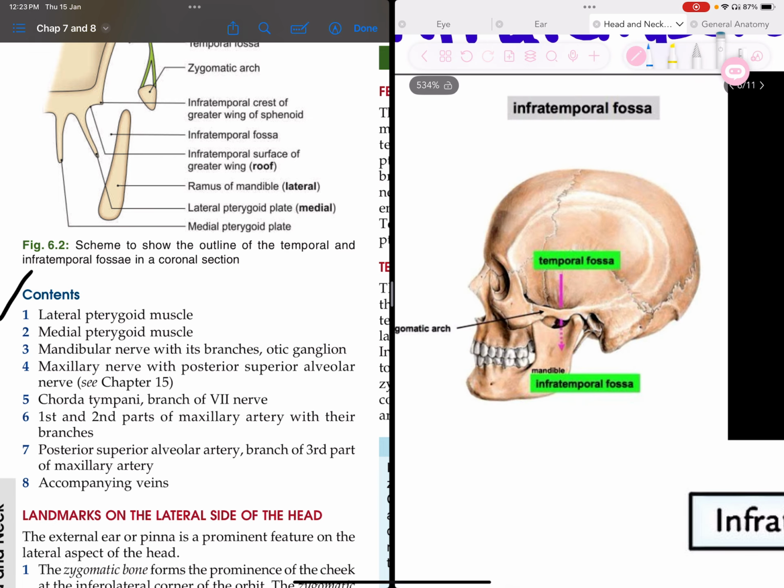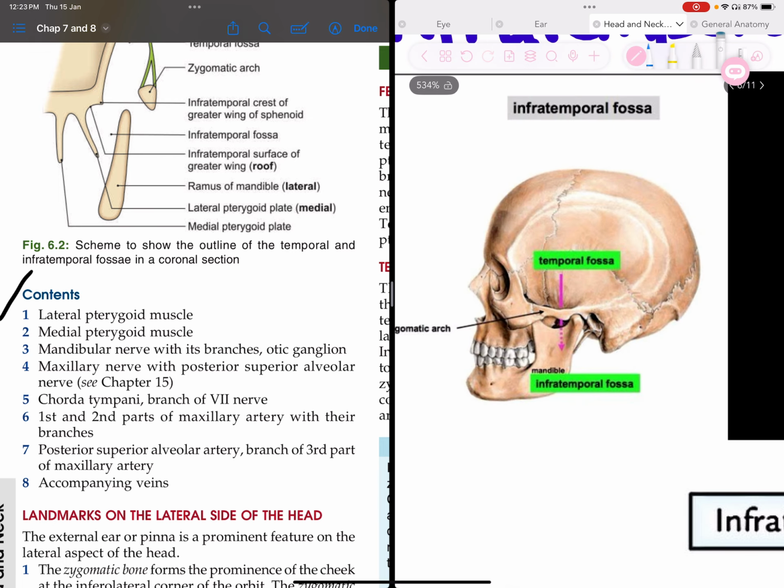Then it communicates with the pterygopalatine fossa via the pterygomaxillary fissure. So where the pterygomaxillary fissure is, this is going to communicate with the pterygopalatine fossa. That is going to communicate with the nasal cavity through the sphenopalatine foramen. So pterygopalatine fossa is another thing that we'll discuss. It is here.